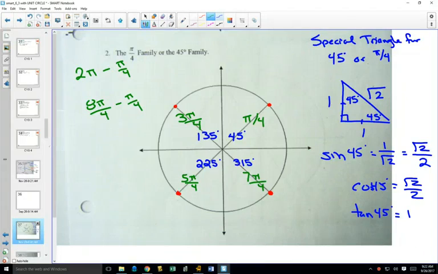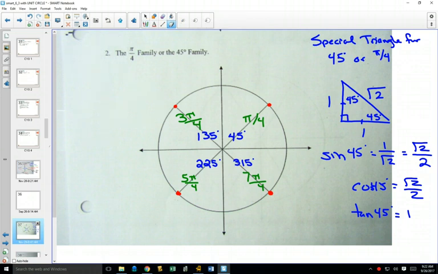You are going to change 2 pi to all sorts of fractions over all sorts of different numbers because you're going to have to get used to working with different reference angles. And so radians works a lot with fractions. So now that we've labeled all of our degrees and all of our angles and we've made our special triangle, we can now say exactly what is the coordinates here.